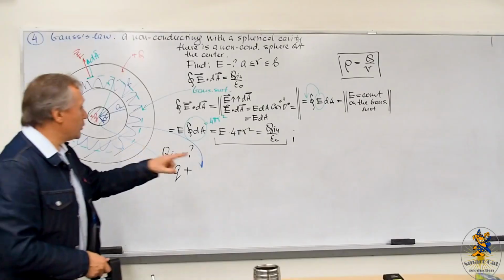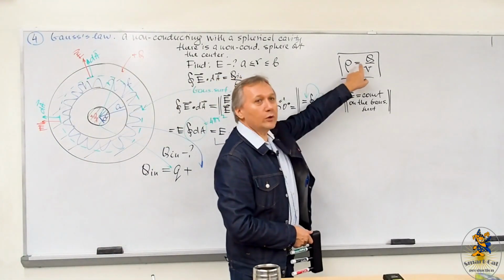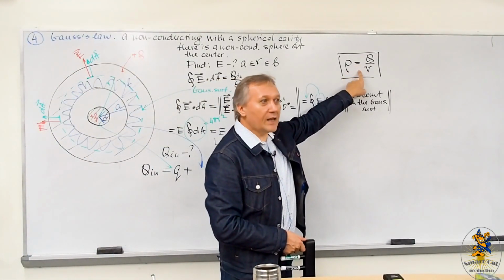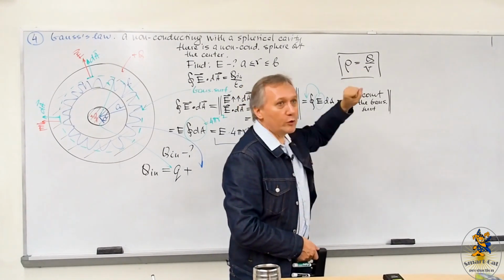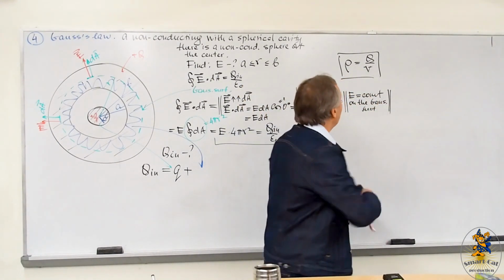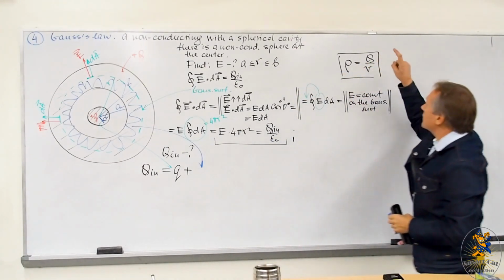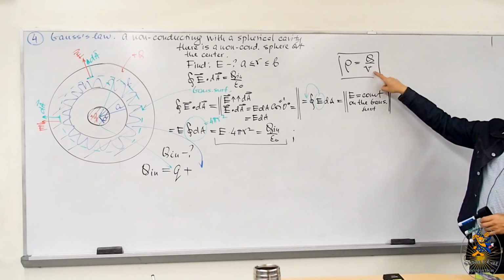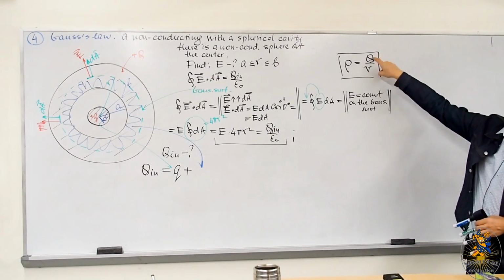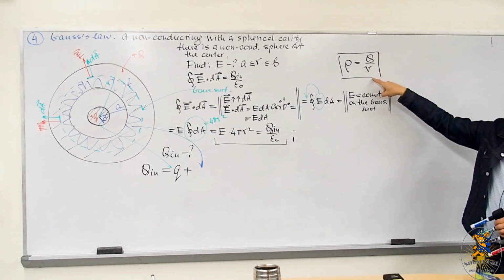So, now, in order to answer this question, it's all here. Nothing else. We just need to remember the definition of the volume charge density. Again, it's a charge; you can use any charge divided by the volume over which that particular charge is distributed.